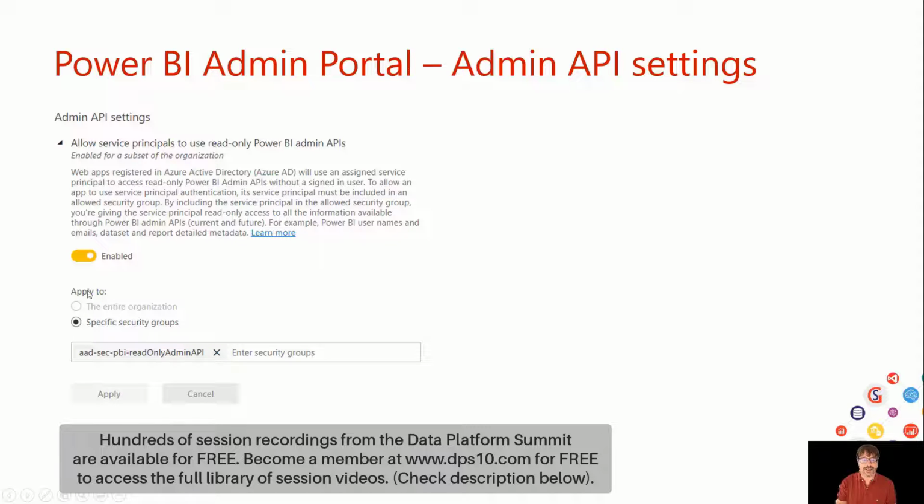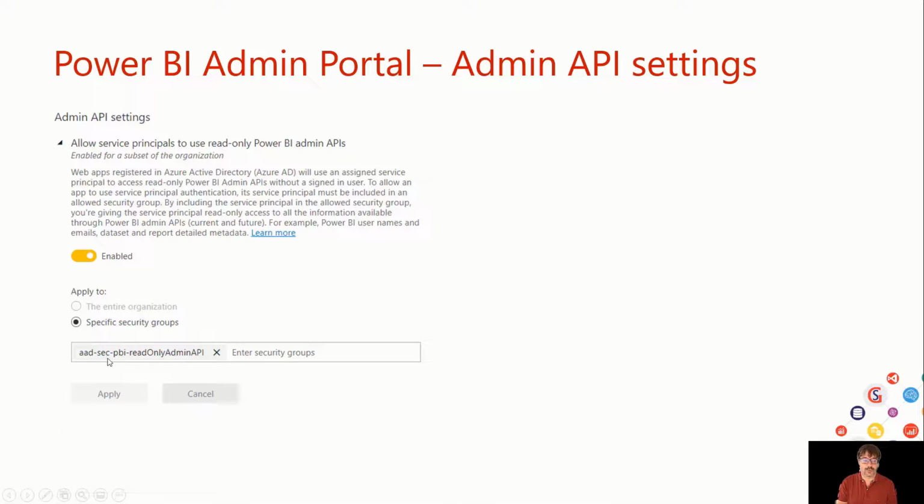And now here I see that I have an Azure Active Directory security group that is used in the context of PBI. So it's a little bit of a naming convention that I'm using here, and this group contains service principals that are going to use read-only admin APIs. So for this reason, the name of my Azure Active Directory security group.